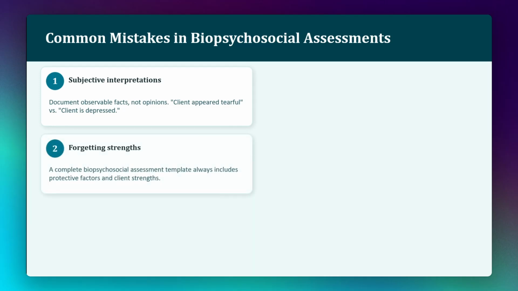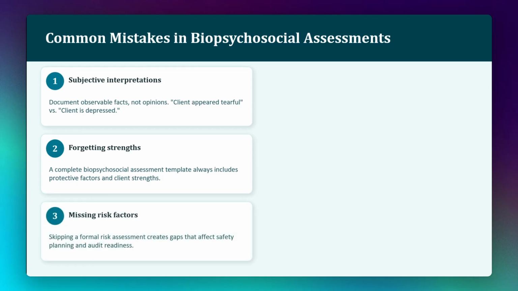Second, forgetting to document strengths. A complete biopsychosocial assessment for social work always includes protective factors. Strengths inform what interventions are likely to work. Third, missing risk factors. A formal risk assessment isn't optional.